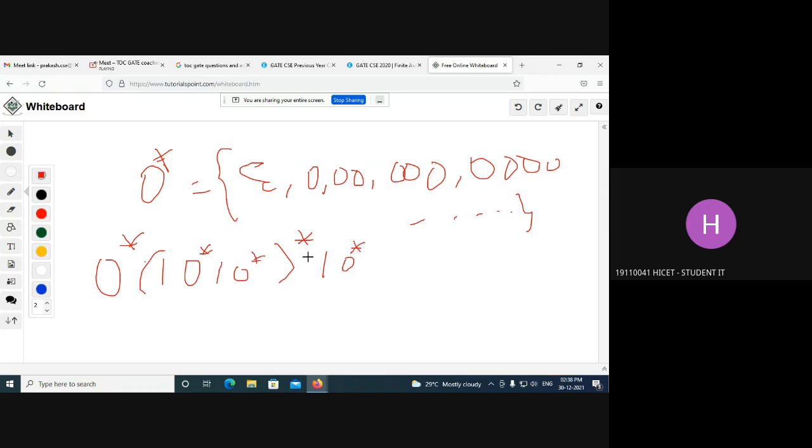See here, the star represents starting with epsilon. So epsilon means empty, so here it will start with epsilon. There is a possibility: epsilon 1 epsilon. Am I right? Because this one doesn't have a star operator. Therefore, at least it can produce one odd number.